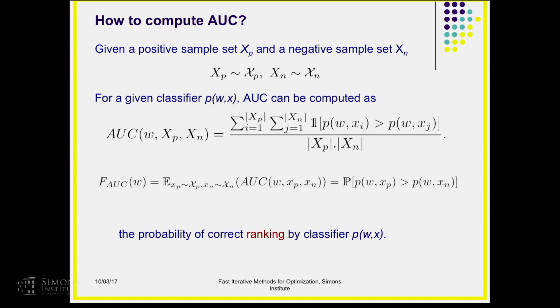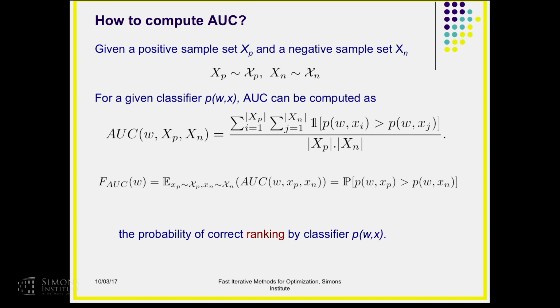So you take the positive and negative class, let's say they're distributed according to some distributions, right? You pull out your data from positive and negative, and then instead of computing the error of your predictor in the sense that label times this predictor is bigger than 0, you just count the number of positive examples that are being labeled higher than the negative examples.